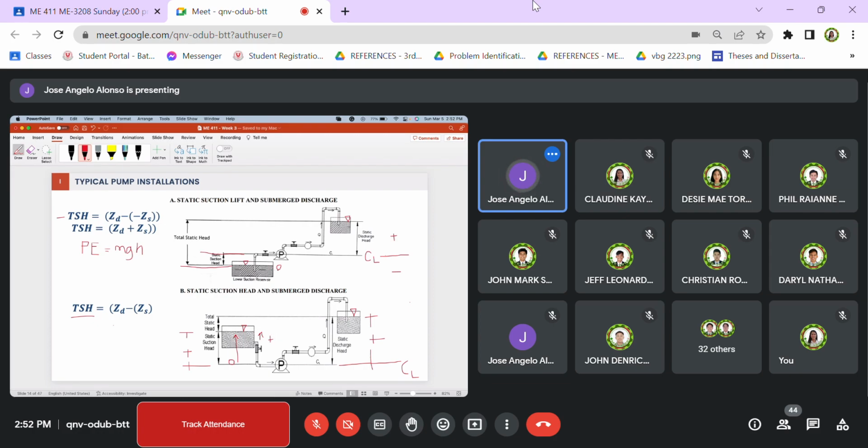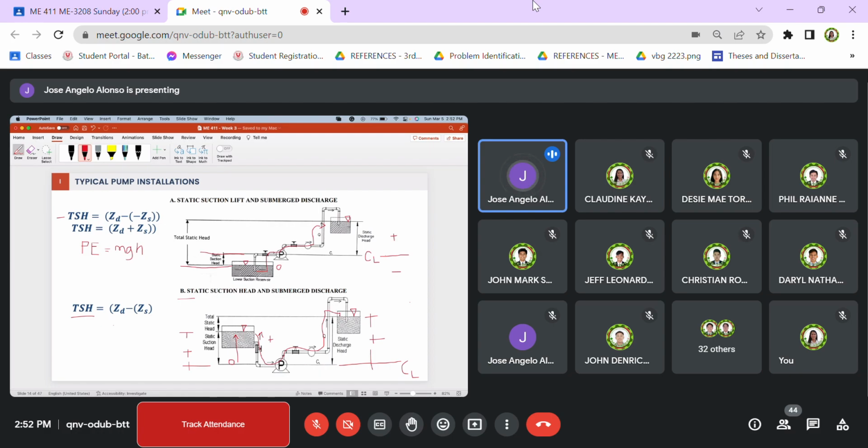Meaning, mas maraming power, mas maraming energy ang nire-require ng pump para madala yung fluid from this point going to this point. Unlike sa situation na to, sa static suction head and submerged discharge on letter B case, mas kokonti yung require na power or ng energy ng pump para ma-push yung tubig from this part going to this part.